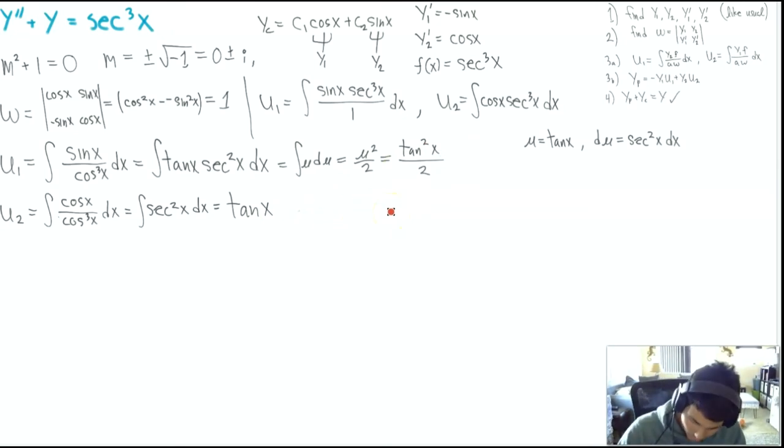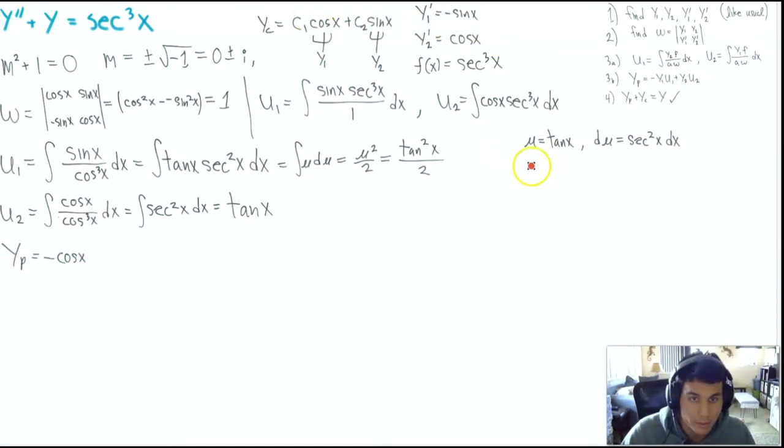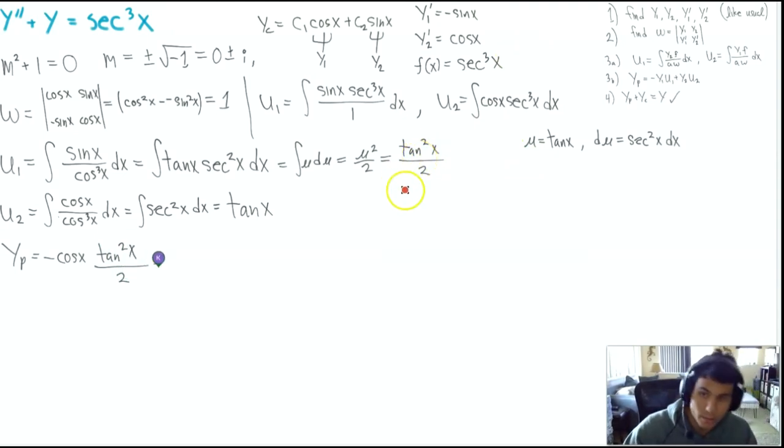Okay. Well, now we can see that yp is equal to negative y1, u1. Negative y1 is negative cosine x. u1 was tangent squared x over 2. And this is all being added to y2, which is sine x.